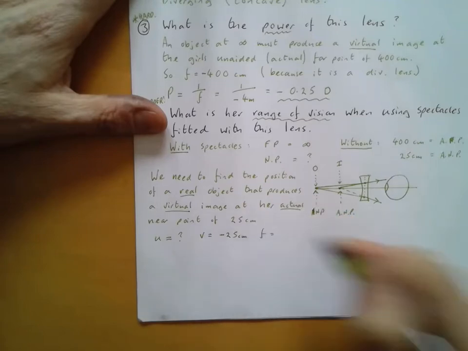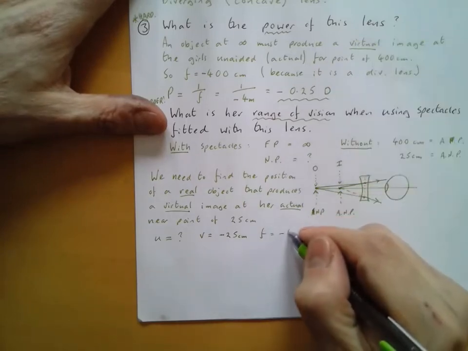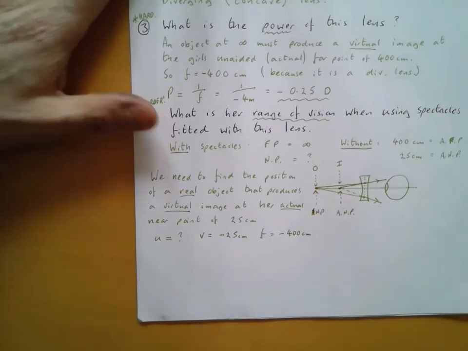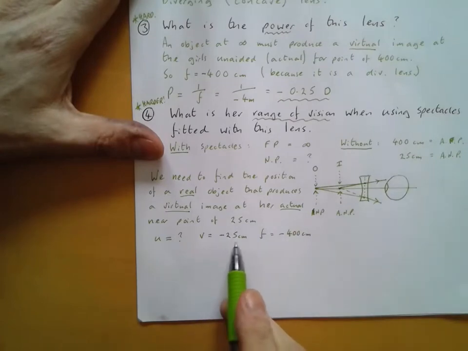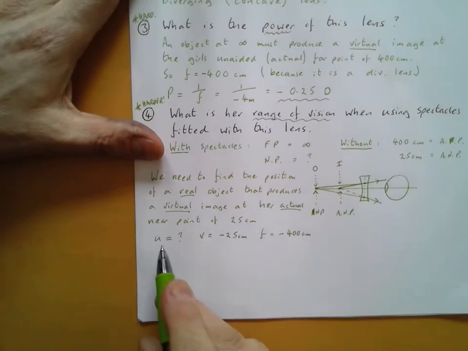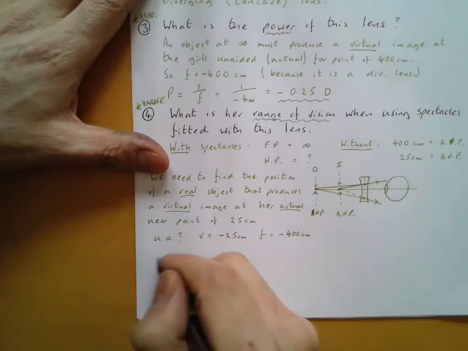The focal length of the lens, we've already determined, has to be negative 400 centimeters because it is a diverging lens. So to produce an image at negative 25 centimeters with this focal length, where must the object be? We need to solve that using the lens equation.